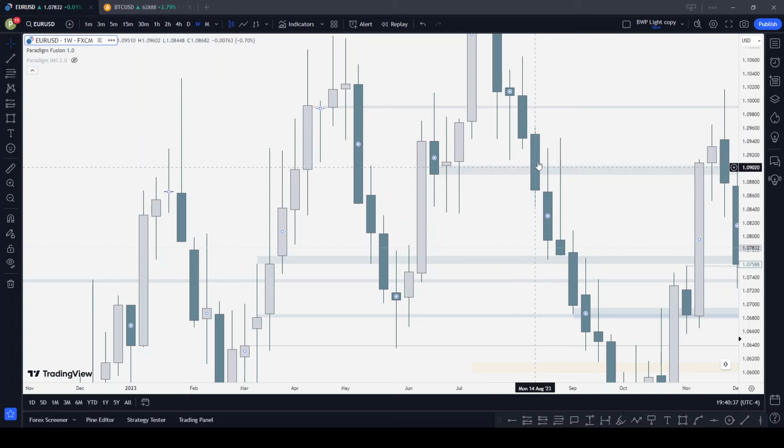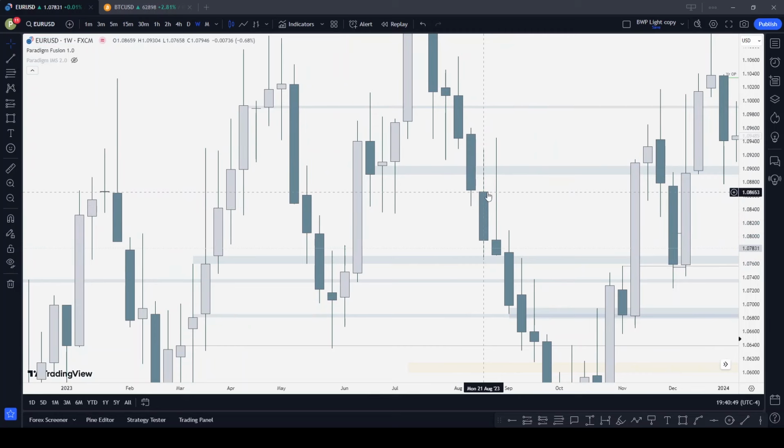You can see the opening of this candle is above this new week opening gap, but the close is below it. That is valid. This one would not be a valid close below it because the opening of this candle is not above this new week opening gap. So it has to open above it and then close below it for it to switch from bullish to bearish.